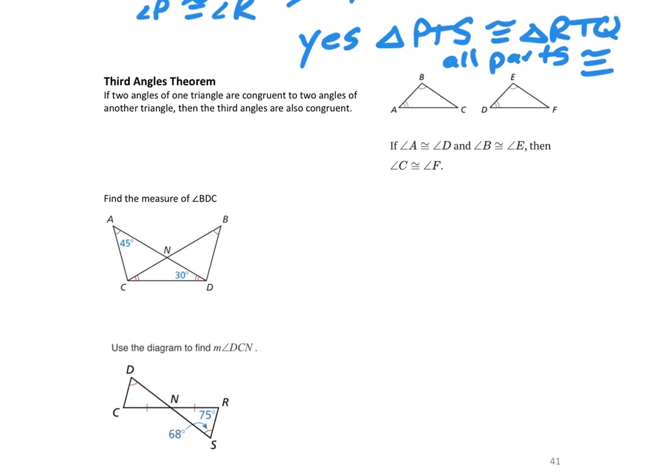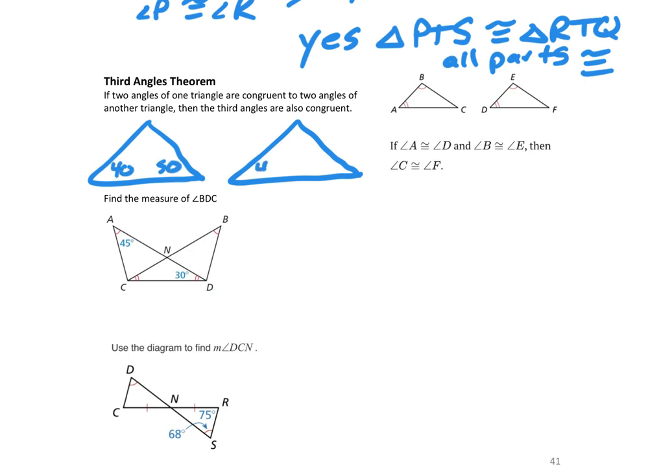Okay, another theorem. The third angle theorem. If I have 2 triangles, if this is 40 and this is 50, and this triangle has angles of 40 and 50, then what would the measure of the third angle have to be? 90.